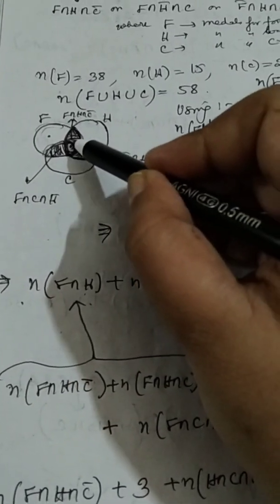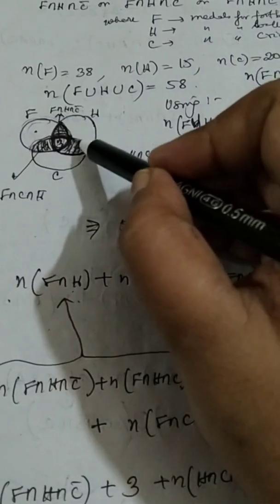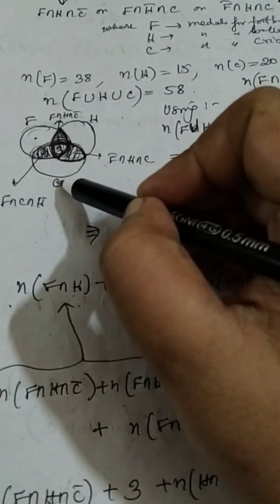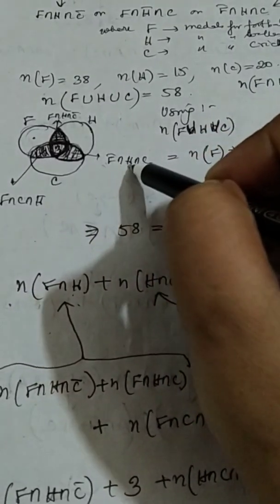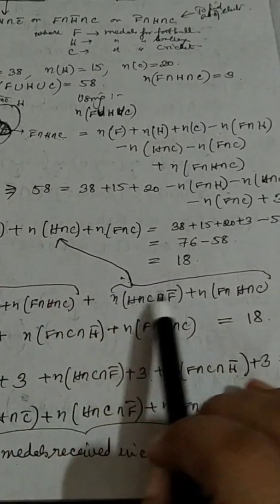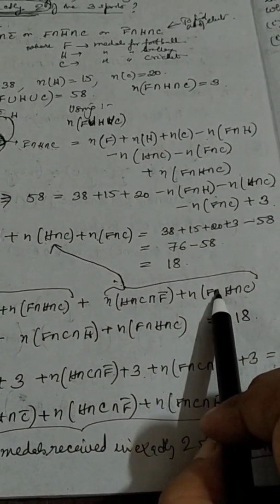This is F intersection H intersection C, and this is common to H and C but not to F. So it's F bar intersection H intersection C, and that is what I've written here by splitting this up into the 2 subregions.